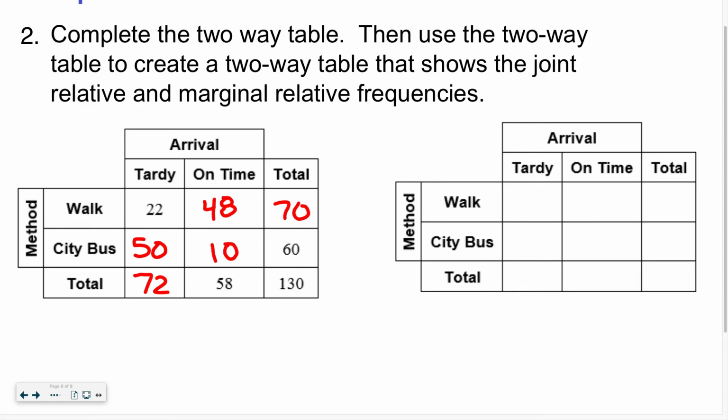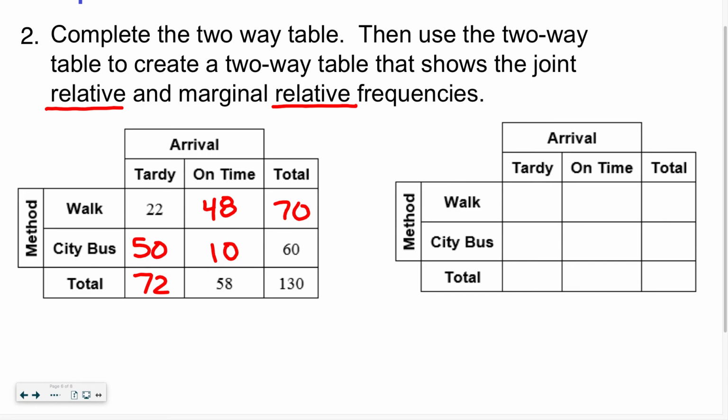Sometimes your two-way tables on your homework are going to look like this, where they have frequencies in them, tallies, just the number of people who fit those categories. Other times in your homework, you might get a table that shows joint relative and marginal relative frequencies, and relative means ratio.